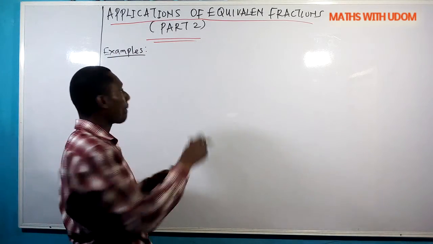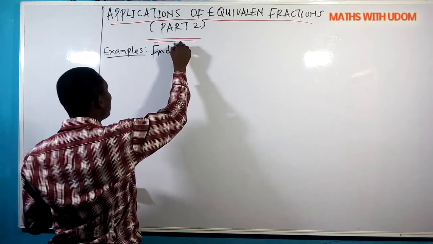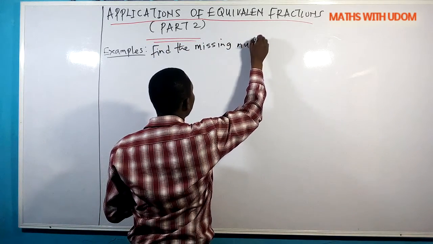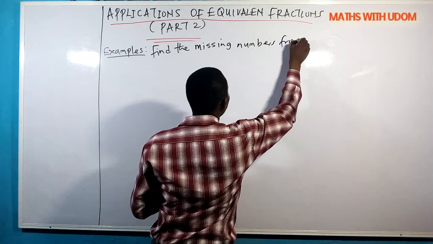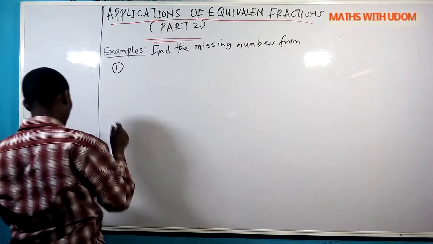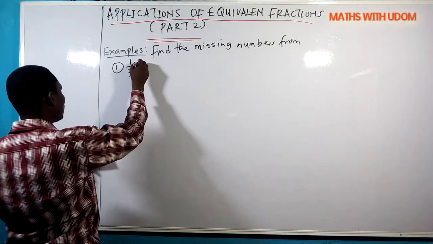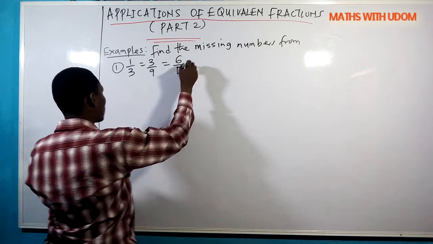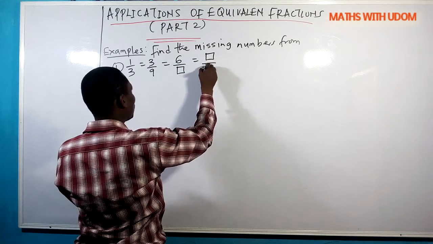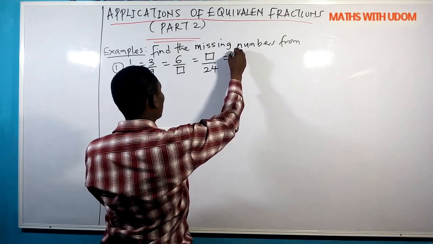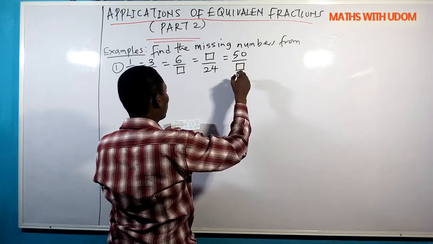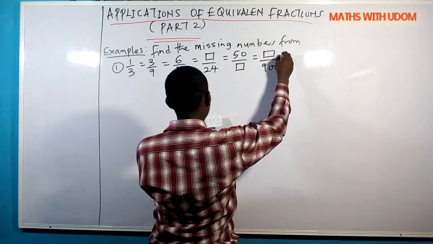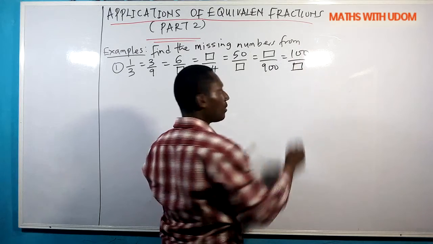Find the missing numbers. From number 1, we have 1 over 3 equals 3 over 9 equals 6 over box equals box over 24 equals 50 over box equals box over 900 equals 100 over box.